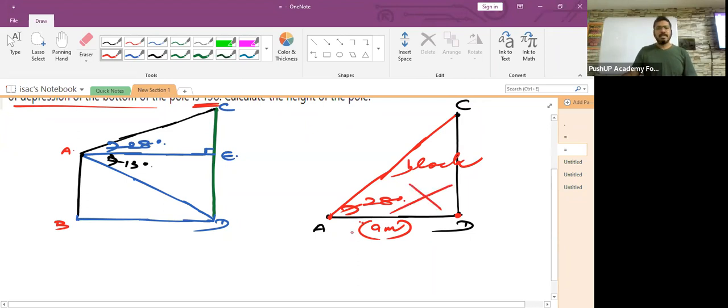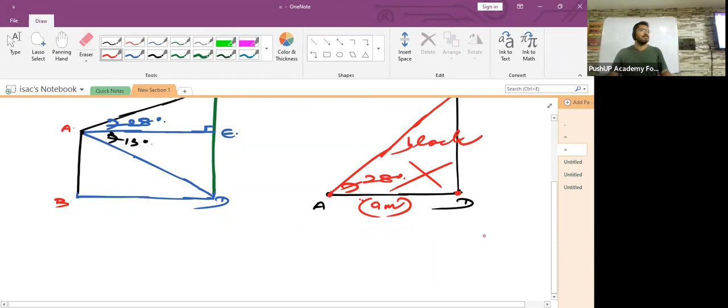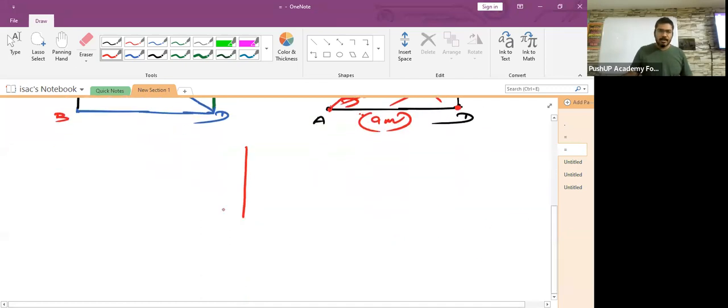So then what is the right figure, children? You have to show both angle of elevation as well as depression in the very same figure. How to do this? Now look, everyone. Children, imagine CD is the flagpole.